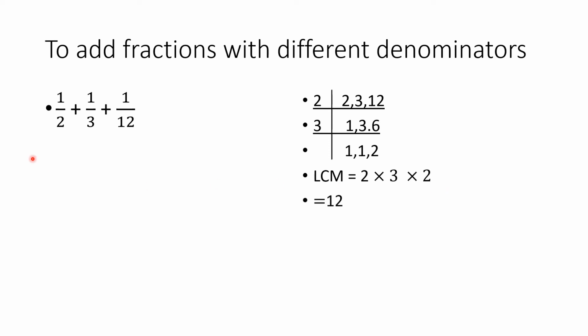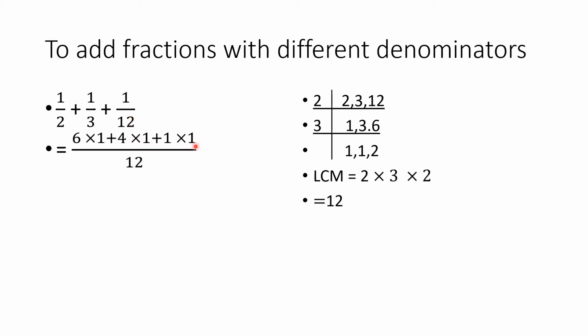Now what will we do? Yes, we will write down this LCM as the denominator. Now 2 sixes are 12. We will divide 12 by 2. 2 sixes are 12. Multiply. We will write this numerator 1 here, plus 3 fours are 12. Multiply. We will write this numerator 1 here, plus 12 ones are 12.